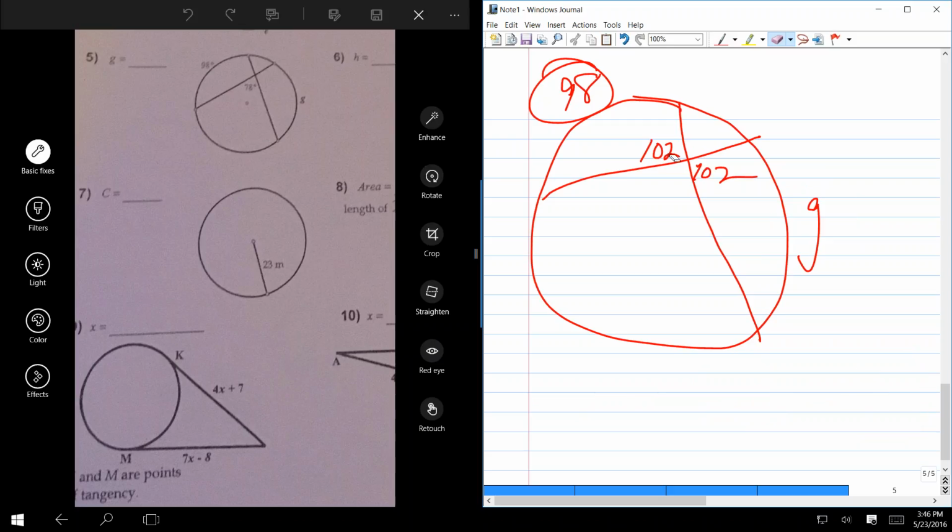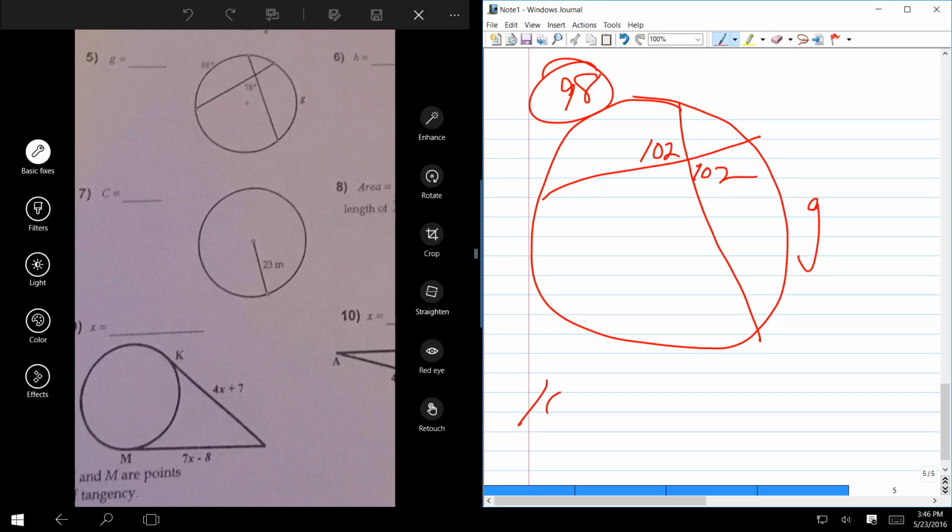When I have two intersecting chords, regardless of where they intersect, as long as it's inside the circle, then this angle is equal to 1/2 of this measurement plus that measurement.